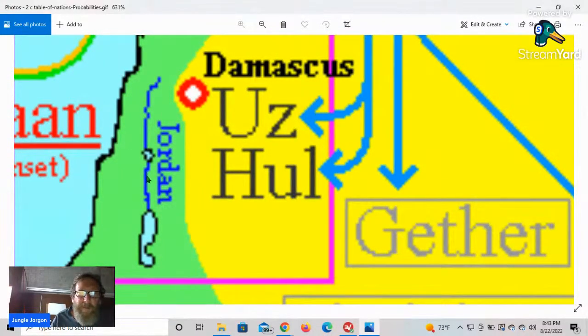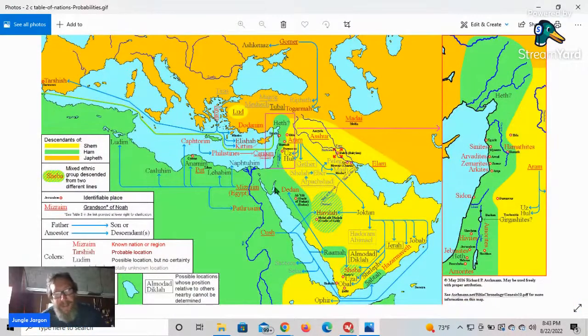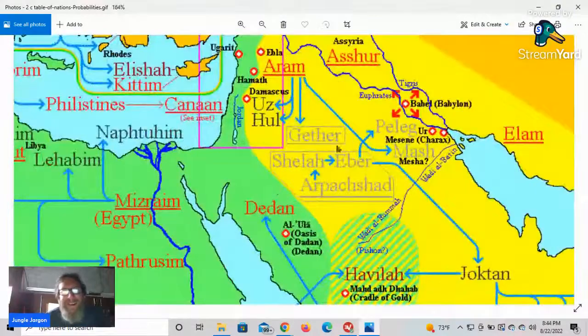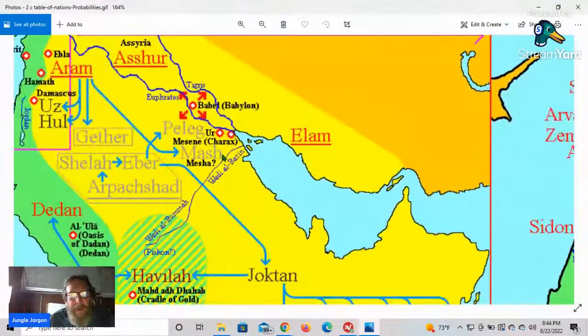Probably there were flash floods in the Jordan River, and Behemoth wasn't concerned about that, which is another rabbit hole, another story. Anyway, so yeah.